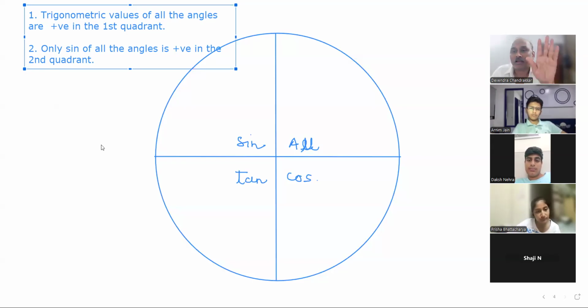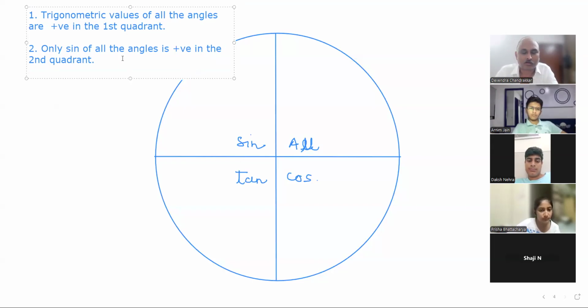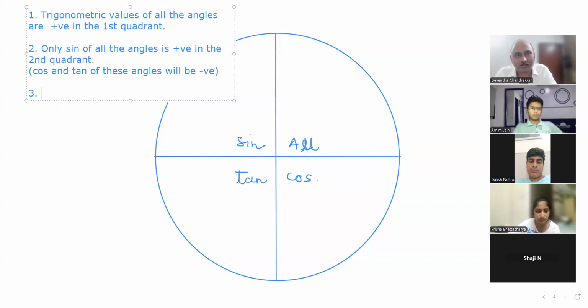Cos and tan will be negative. I'll just mention here. Cos and tan of these angles will be negative in second quadrant. So this is the nature of the quadrants, right?